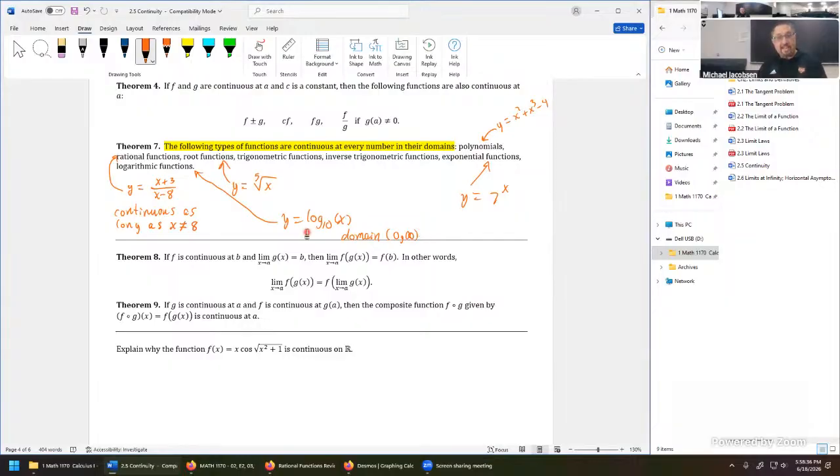So essentially what this is saying altogether is all of those functions that you've encountered in pre-calculus 1 and pre-calculus 2 for trigonometry were all continuous functions as long as you stayed inside the domain. So that's a nice classification of very wonderful continuous functions. Any questions at all, folks, with Theorem 7?